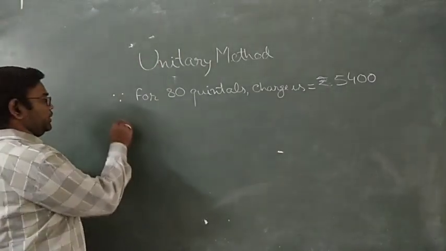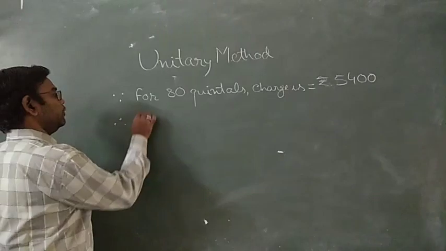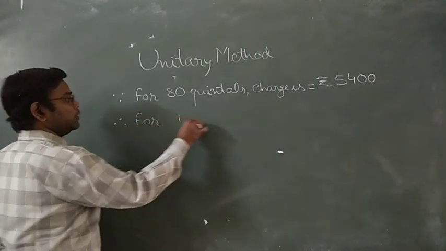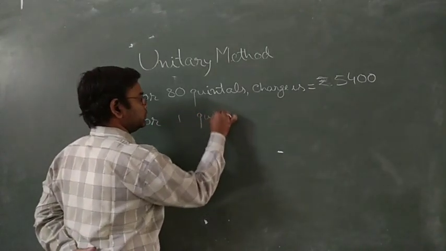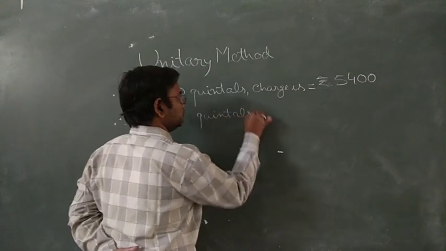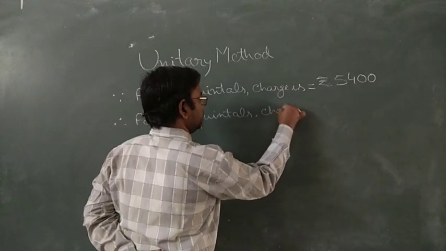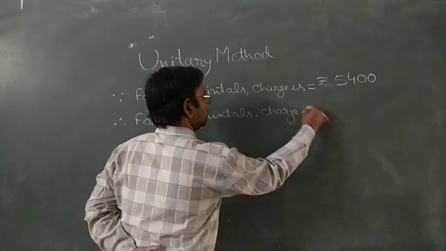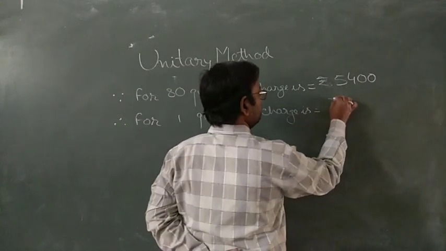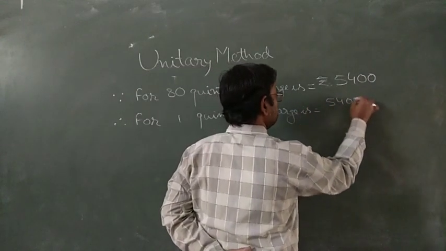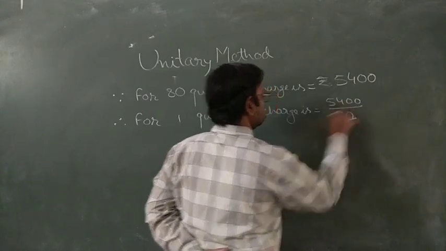Again we do the same thing. For 1 quintal the charge is equals to, we divide this by this one, means it is 5400 by 80.